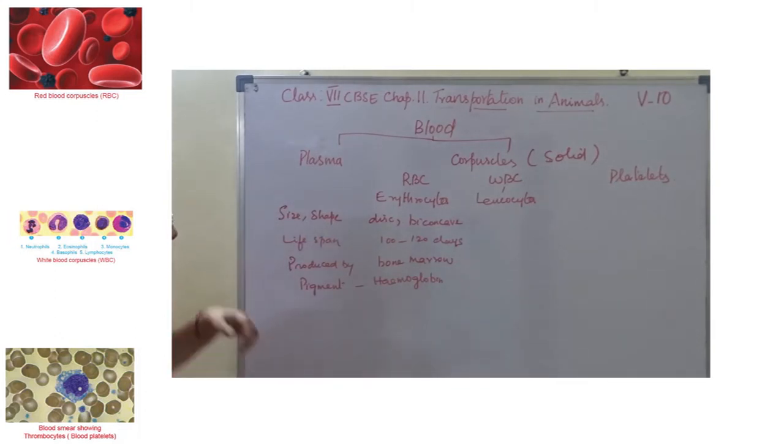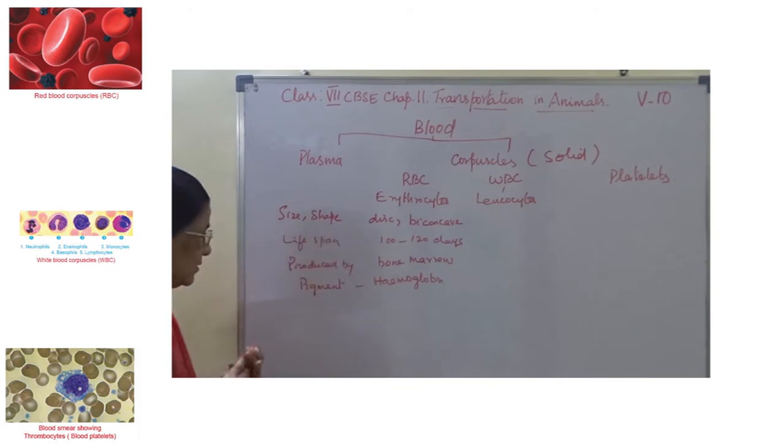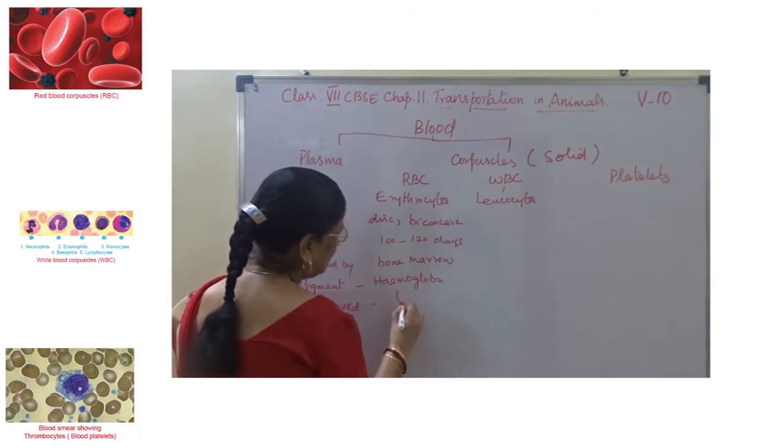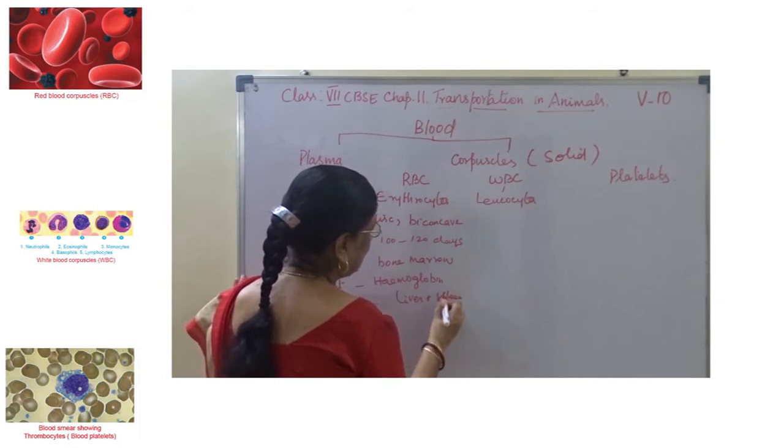So the size and shape of the erythrocyte: it is solid, disc shaped and biconcave. Its lifespan is 100 to 120 days. It is produced by bone marrow and destroyed in the liver and spleen. What does it mean?